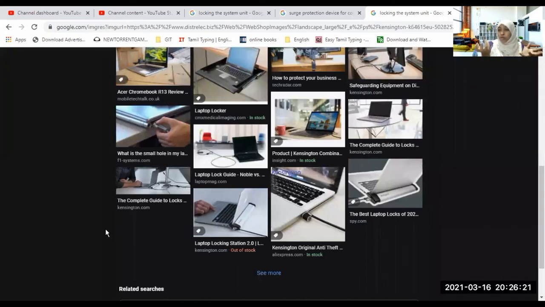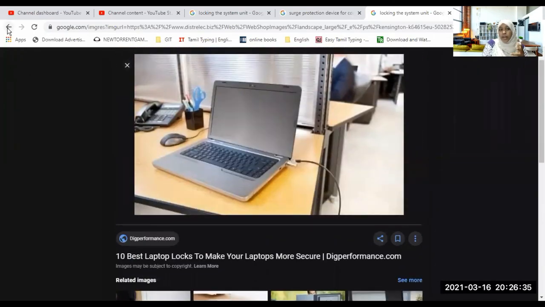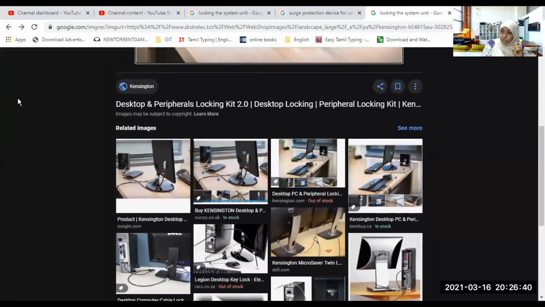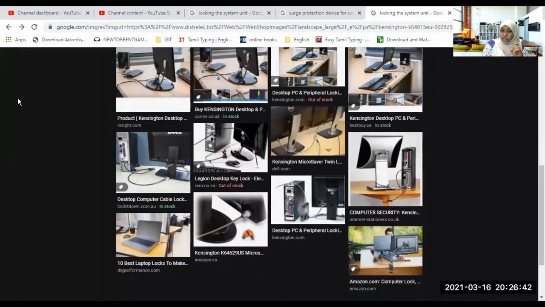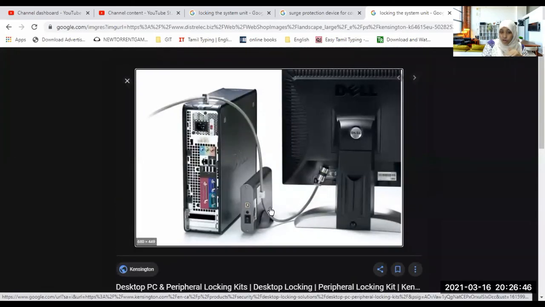So most of the people are robbing the hard disk. There are thieves who rob the hard disk. So we can prevent it by locking the computer or by locking the system unit. Nobody can take it. Locking means putting a lock. Not locking as in not working like this. It is locking like this.